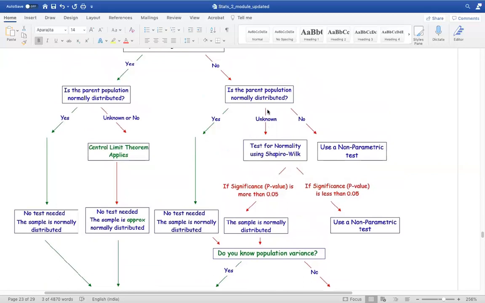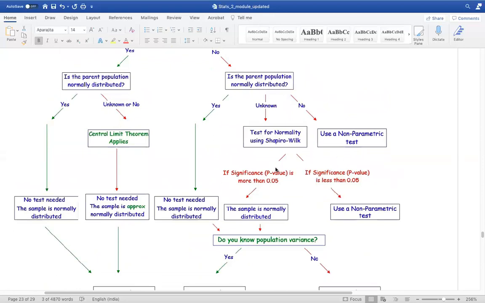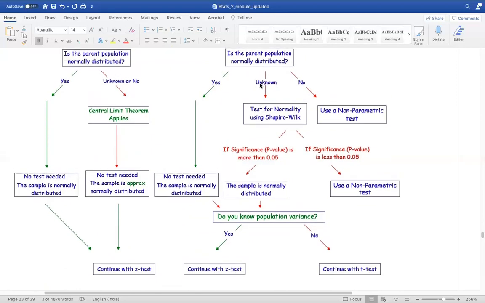If you strongly believe the parent population is not normally distributed, use a non-parametric test. If you don't know whether the population is normally distributed or not, in that situation we normally use the Shapiro-Wilk test.